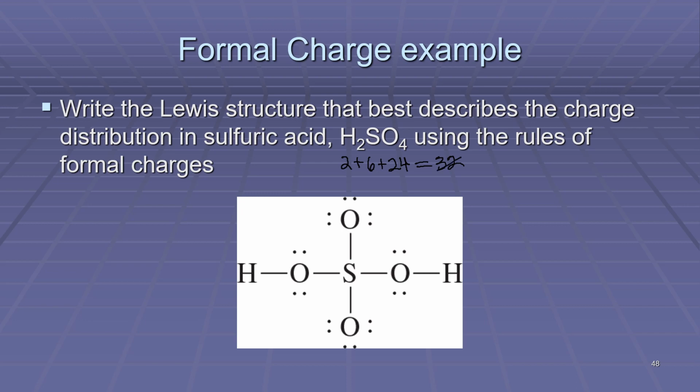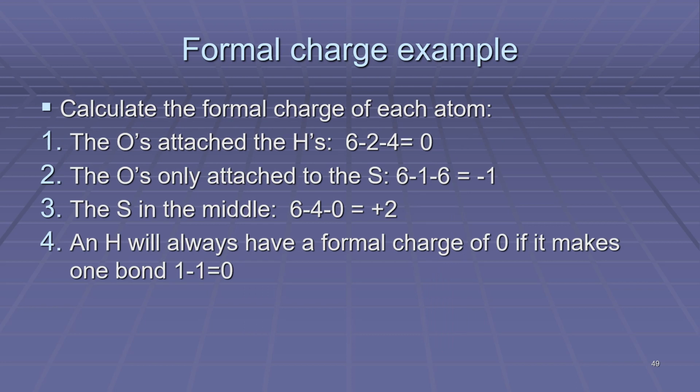And honestly, I'd be pretty happy with that. And if I gave it to you on a test, I'd probably say that's fine. But if we go ahead and look at formal charges, we can see that they're not all as happy as they can be, and sulfur being in the center can have more than 8 electrons. So if we calculate the formal charge for each atom, the oxygens that have the hydrogens have a formal charge of 0.